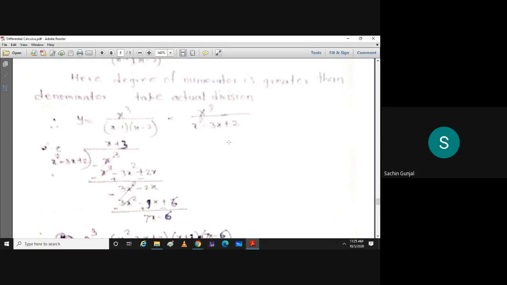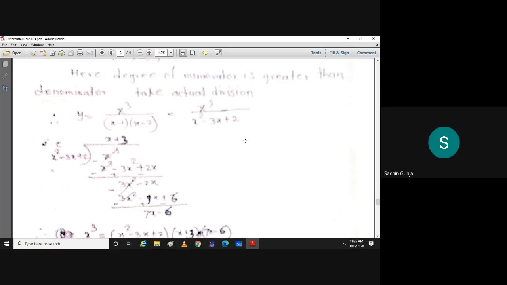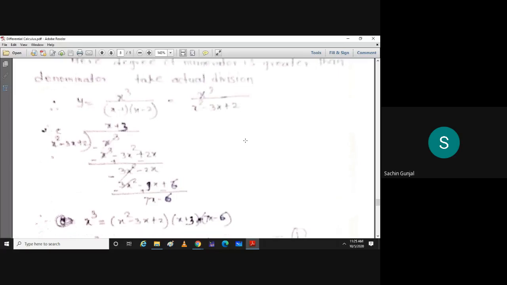Of course, it is there on screen, but you can't see it properly. Divide x cube by the polynomial x square minus 3x plus 2. So we get x plus 3 as the other factor. What is the quotient? The quotient is x plus 3, remainder is 7x minus 6.